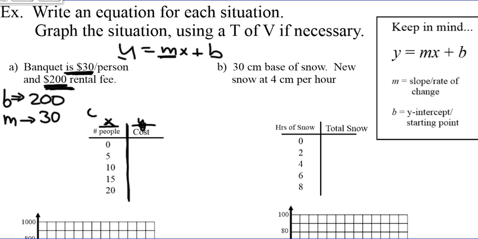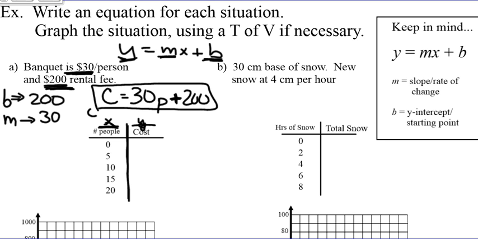Instead of saying y, our y in this case is the cost of the banquet, which is slope $30 for every person x. But we also have to pay that initial amount, which is $200. So there's the equation for this situation. Cost is 30p plus 200.